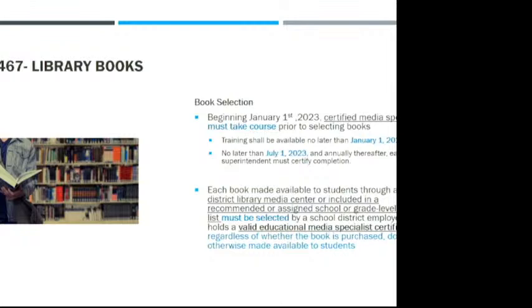It's being designed by the Department of Education, and it will be available January 21st, 2023, and must be completed by July 1st, 2023. Every book that is in our media center or classroom reading list must be selected by a certified media specialist, whether the book is purchased or donated.